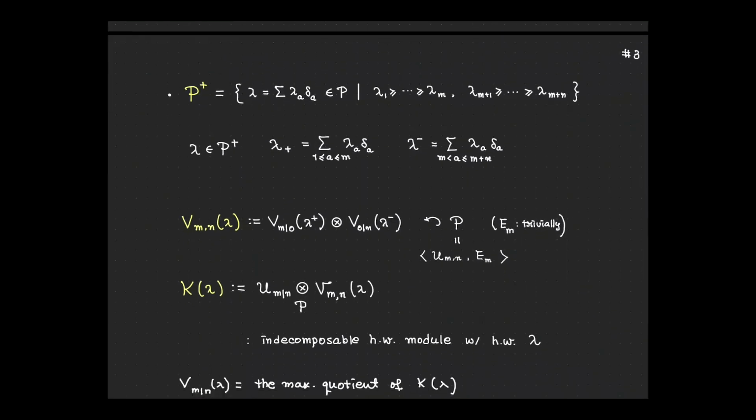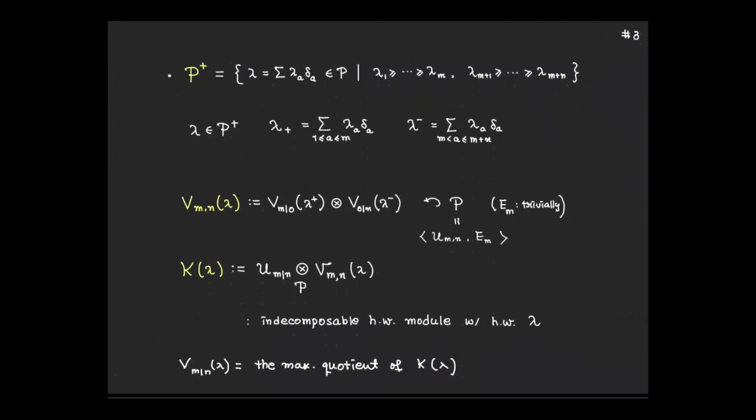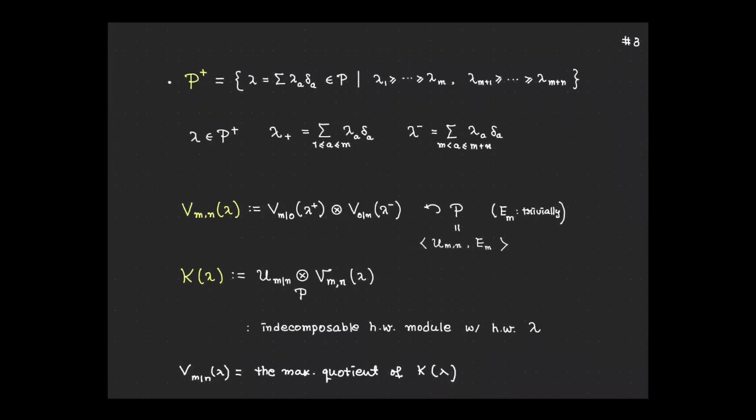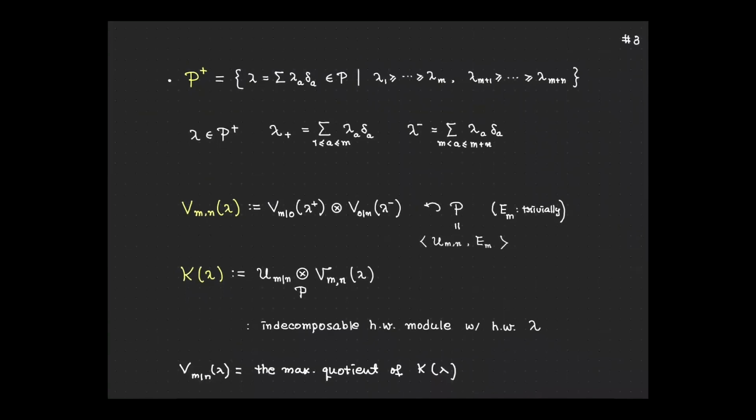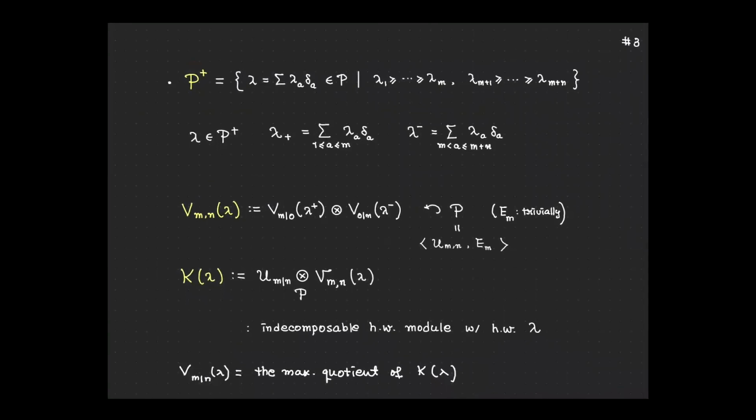So we want to start from the irreducible finite dimensional representations of this Levi subalgebra. To parameterize its finite dimensional irreducibles, we need the following set, say P^+. It's a weight in P which is a dominant integral weight with respect to our Levi subalgebra.